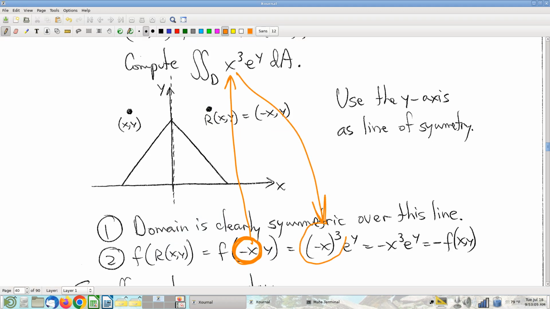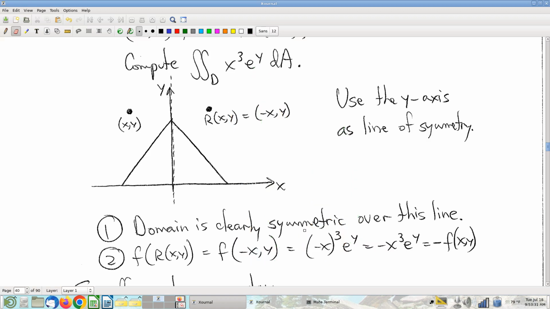Well, I get minus x cubed instead of x cubed. Nothing happens to y. y is still y and plugs into y and remains y. Nothing happened there. Again, lucky, convenient reflection. That's just the way that one works out.